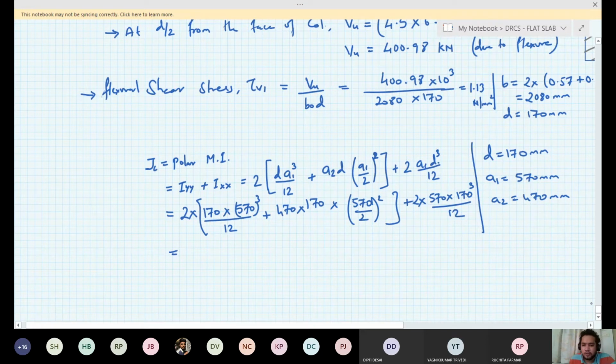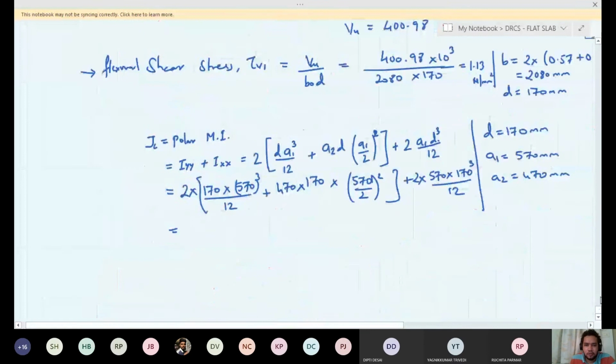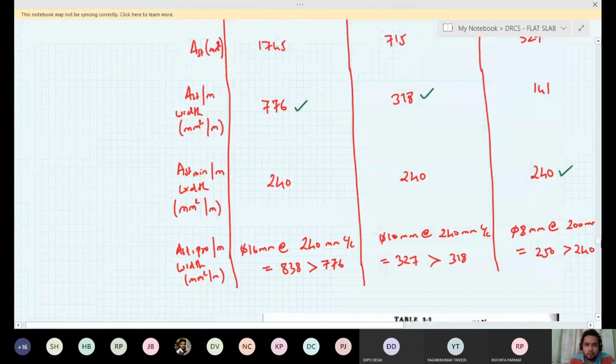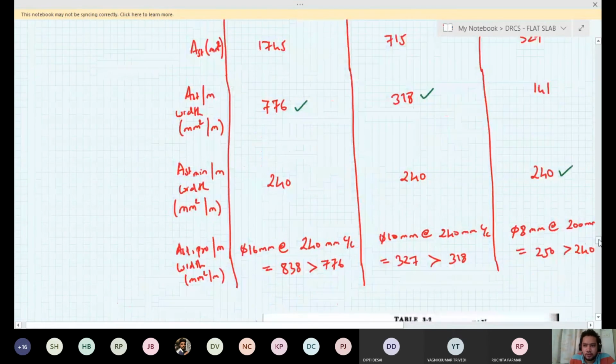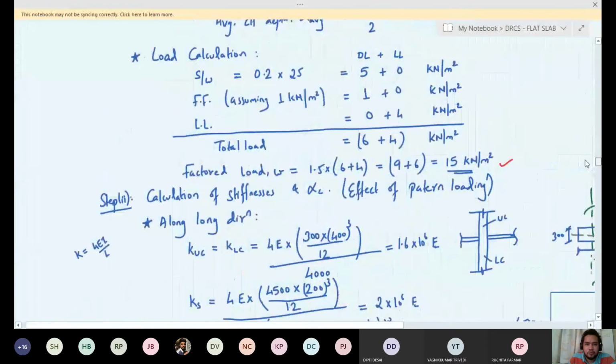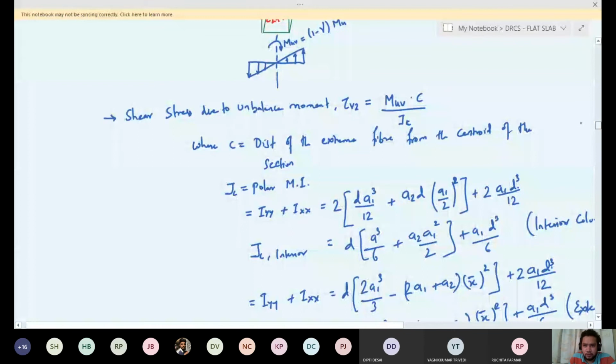Okay, next is the value of C. The value of C is the distance of extreme fiber from the centroid of the section.